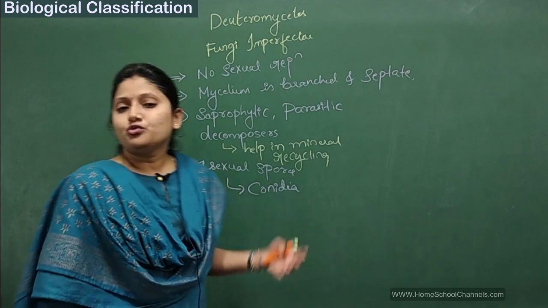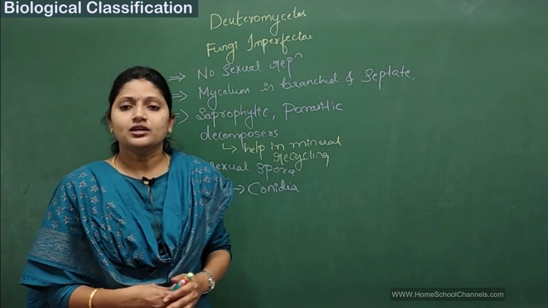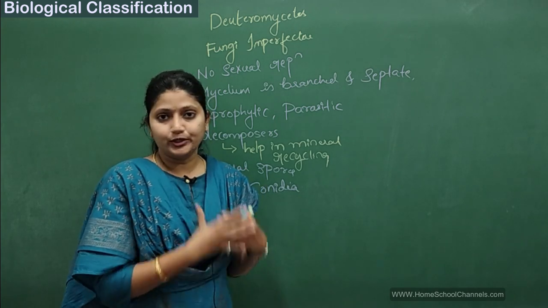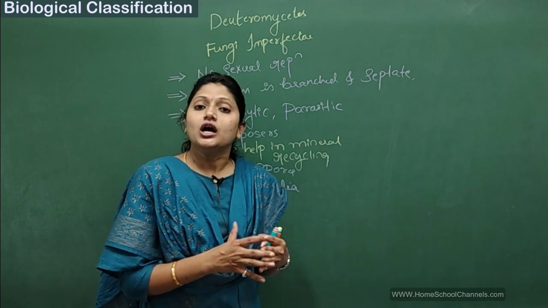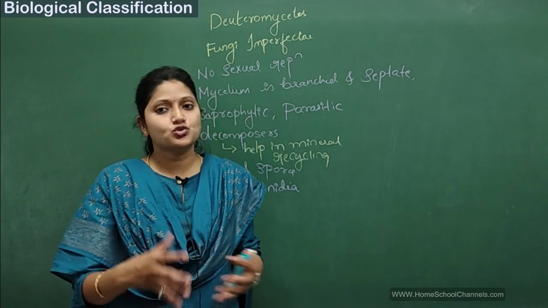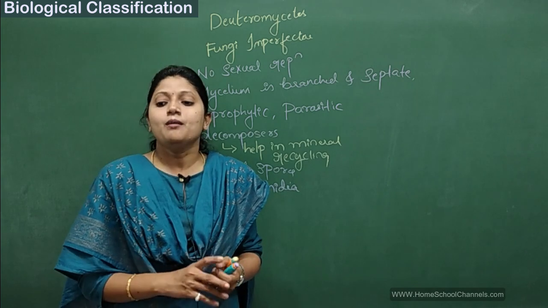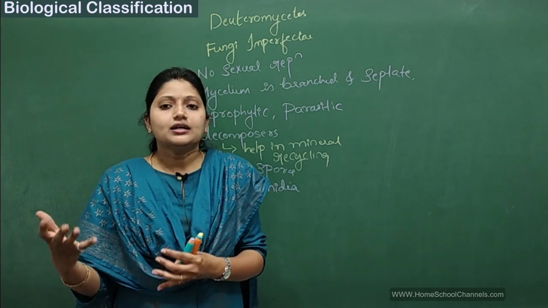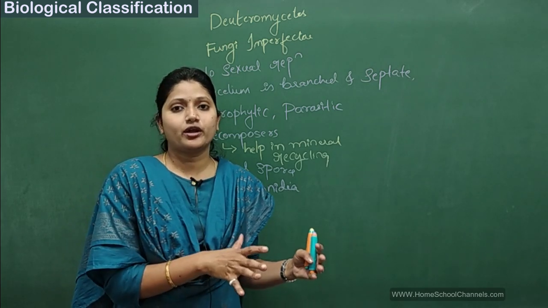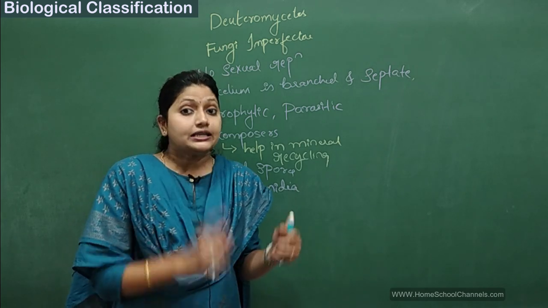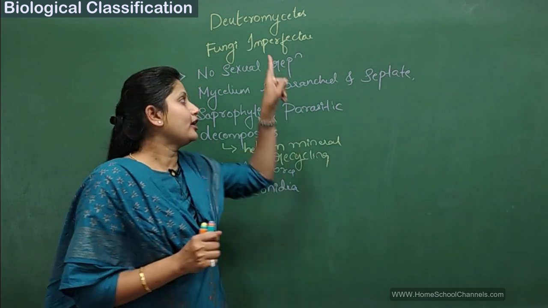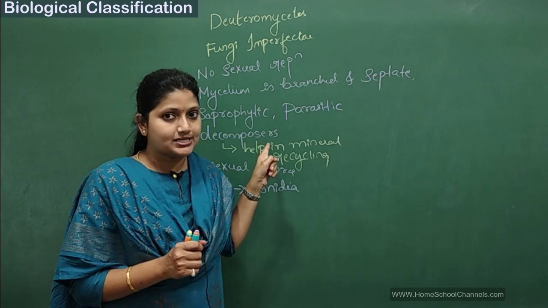Imagine there is an organism which belongs to Deuteromycetes and it is showing asexual reproduction, and till now the sexual reproduction is not seen in that organism. But one day someone finds or studies the sexual reproduction of that organism. Then what happens? If the sexual reproduction is there, then it cannot be placed under the Deuteromycetes.